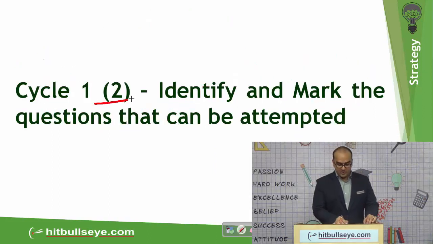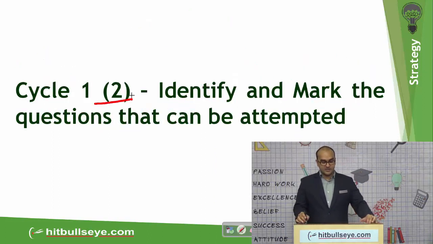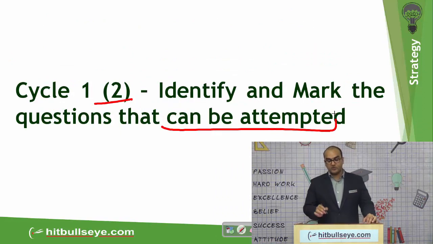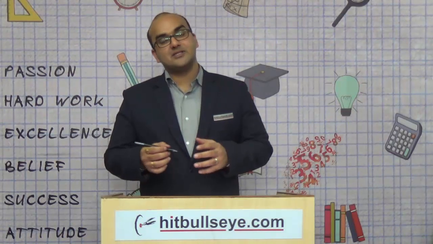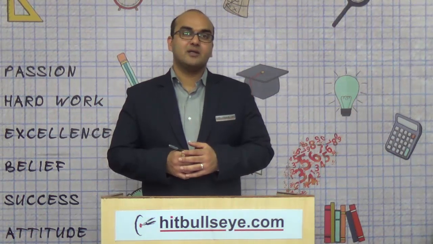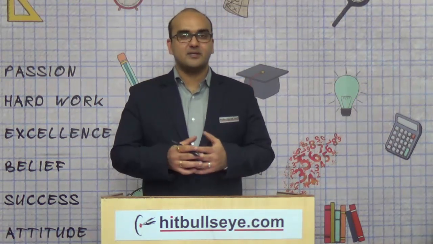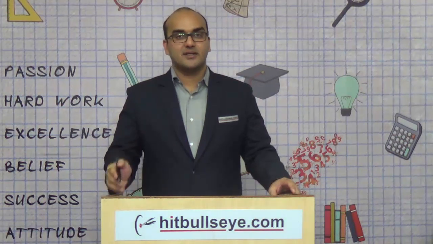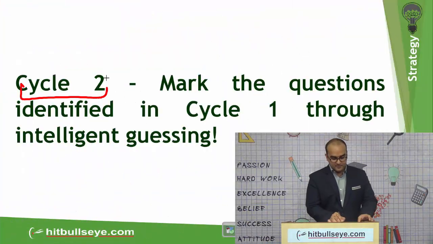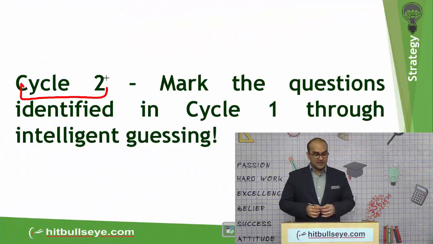Step 2 of cycle 1, identify and mark the questions that you think that you can attempt. So these are the questions you feel that if you spend more time on them, if you utilize option elimination, etc., other methods, you can answer. Identify these questions and not really mark their answers.